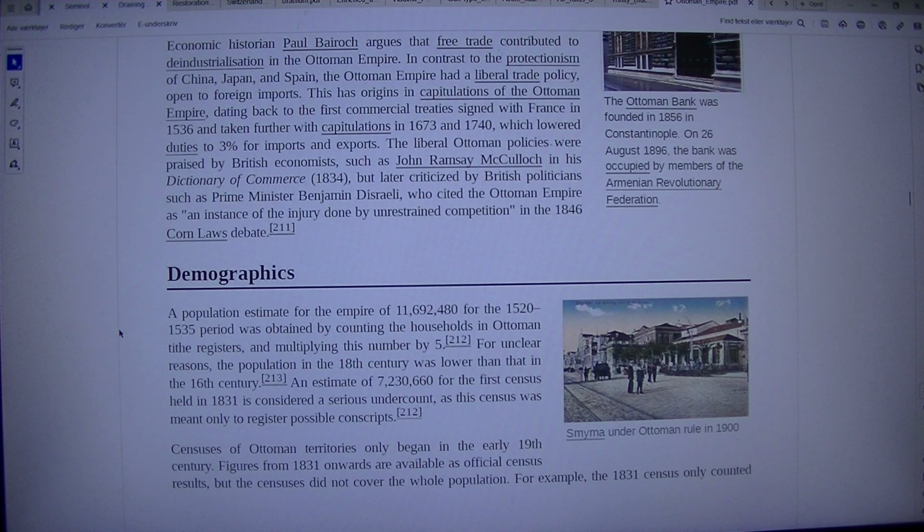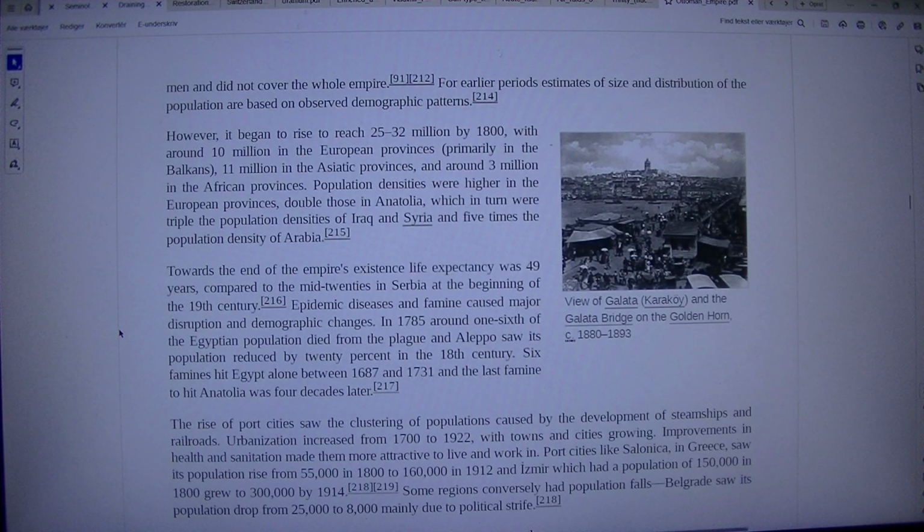Figures from 1831 onwards are available as official census results, but the censuses did not cover the whole population. For example, the 1831 census only counted men and did not cover the whole empire. For earlier periods, estimates of size and distribution of population are based on observed demographic patterns.